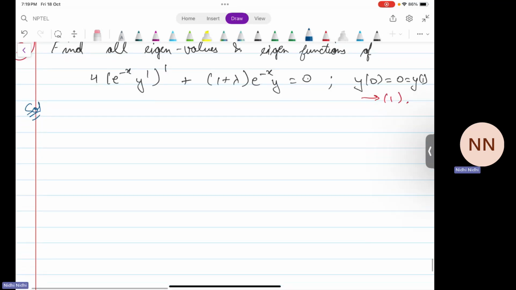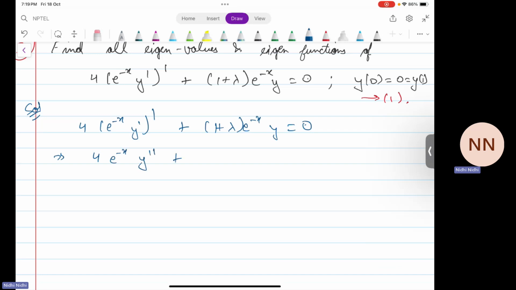We have (4e^(-x) y')' plus (1 plus lambda) e^(-x) y equals 0. Differentiating the first part using the product rule, we get 4e^(-x) y double dash minus 4e^(-x) y dash plus (1 plus lambda) e^(-x) y equals 0.